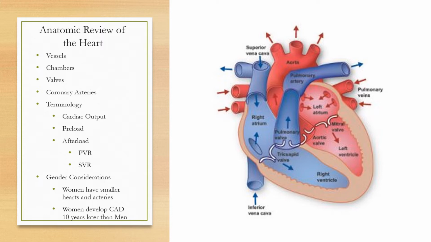It is how much blood is being pumped out per contraction of the left ventricle. Okay. So for example, if the left ventricle pumps out 50 milliliters of blood and your heart rate is 60 per minute, well, in 1 minute, you're pumping out 3,000 milliliters of blood, or 3 liters of blood. That would be your cardiac output.